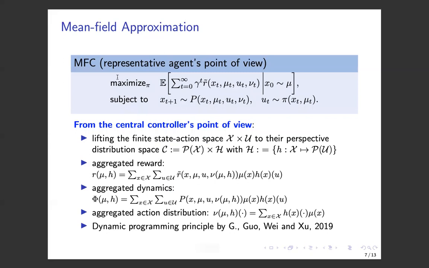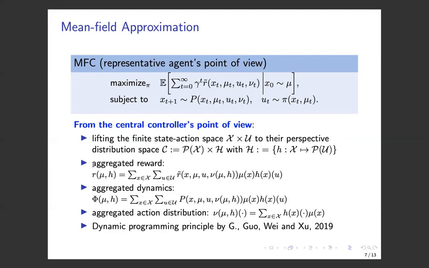The mean field control problem from the single agent's perspective is more carefully defined here, but more importantly, we observed in our early work that if we lift the finite state action space to their respective distribution spaces, P(X) and H, this will result in a control problem from the central controller's point of view.